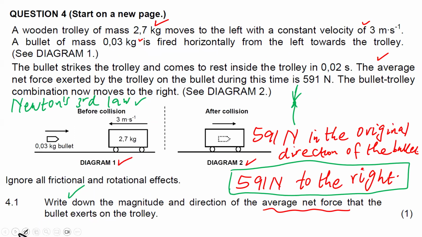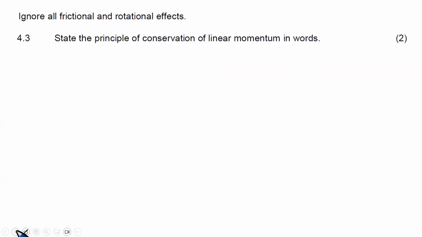And friction is not only between the wheels and the surface on which the trolley is moving, but what kind of friction do you know that is besides the wheels and the surface? Anyone? Tando.